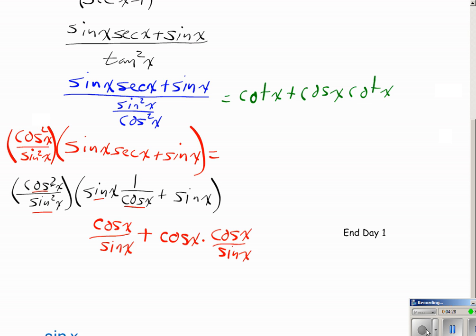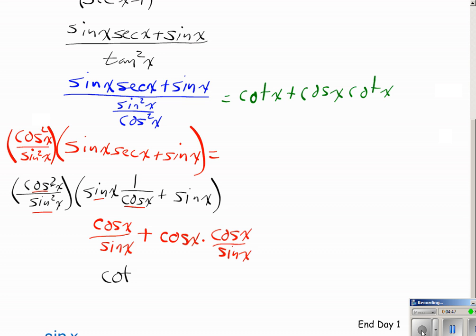And now all we need is to change the cosines over sines into cotangents. So our last step then is just to change the cosines over sines to cotangents, and we have our verification.